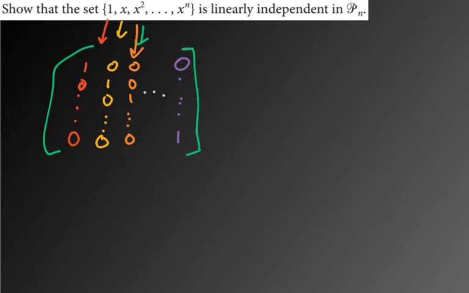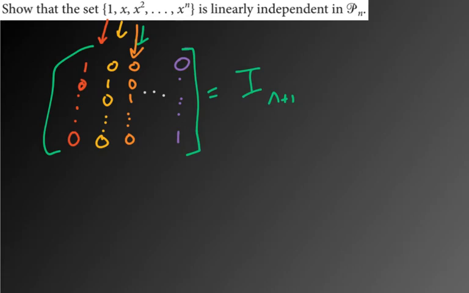And what this really is, is equal to the nth order identity matrix. Oh wait, I'm sorry. No, it'll be bigger than that. It'll be the n plus 1 identity matrix.